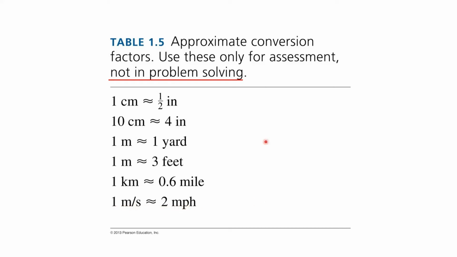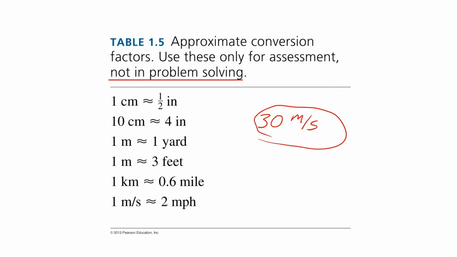So let's say you're solving a problem and you find that John ran a speed of 30 meters per second. Well, because you're not familiar with meters per second as a unit of speed, you go ahead and circle that as your answer and you move on.